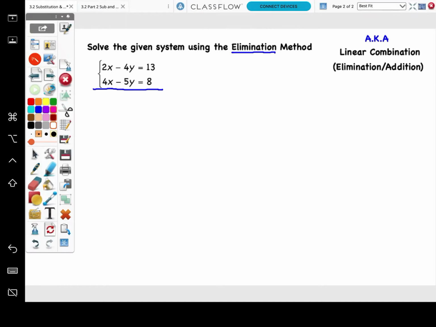Sometimes it's nice and easy where they're just opposite signs, one of the variables, and we can combine them, get 0. This one's not so easy, but I do notice that I have a 2x and a 4x. And I think I could make that eliminate pretty easy if I just took this first equation and multiplied by negative 2.